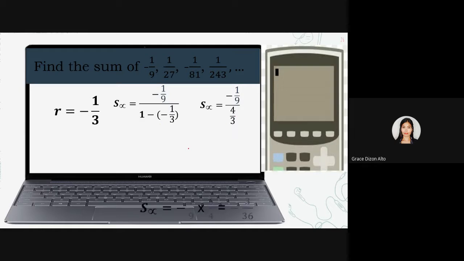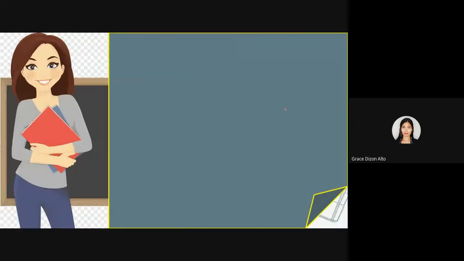So simplifying further, we get negative 1/9 times the reciprocal of 4/3, which is 3/4. So parallel multiplication, we have 1 times 3 and 9 times 4. Remember, it's a negative. So 3 over 36. Simplifying further, we will get negative 1 over 12. The greatest common factor here is 3. Divide 3 by 3 and divide 36 by 3. We got negative 1/12.